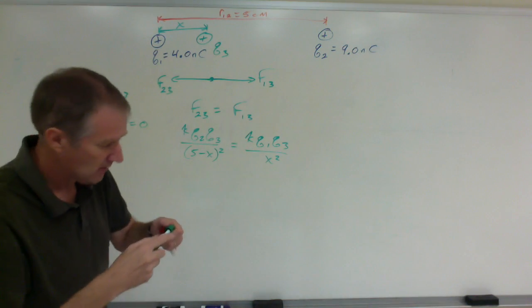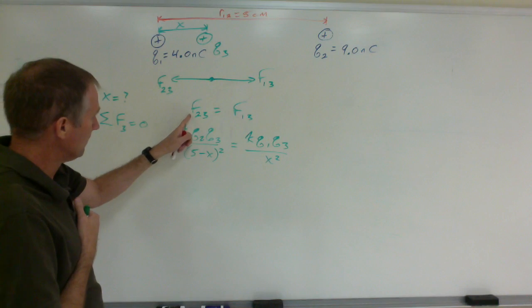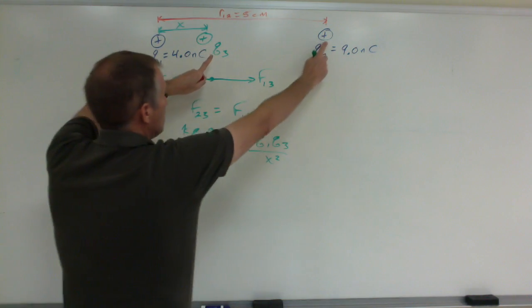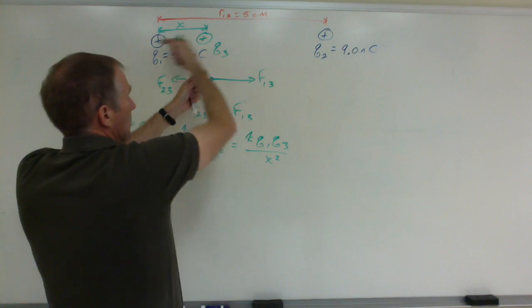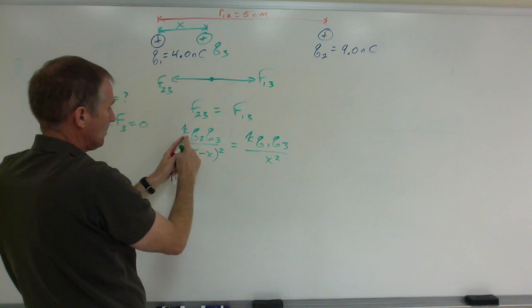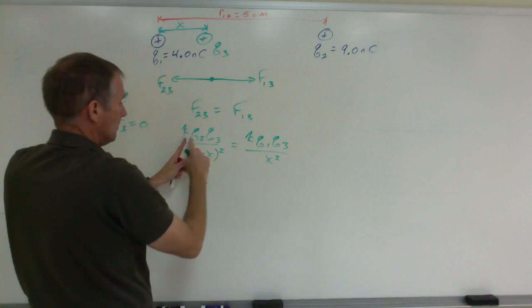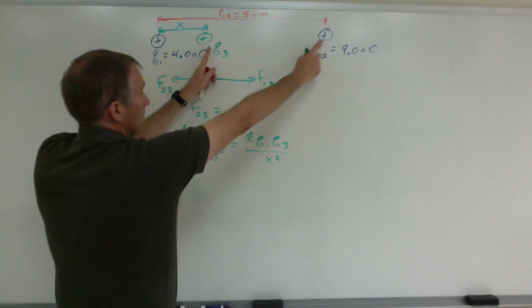Okay, once more. This is the force between charge 2 and charge 3, which we know is to the left, because charge 2 is repelling charge 3 to the left. That is Coulomb's law: K Q2 Q3, divided by the distance from here to here squared.